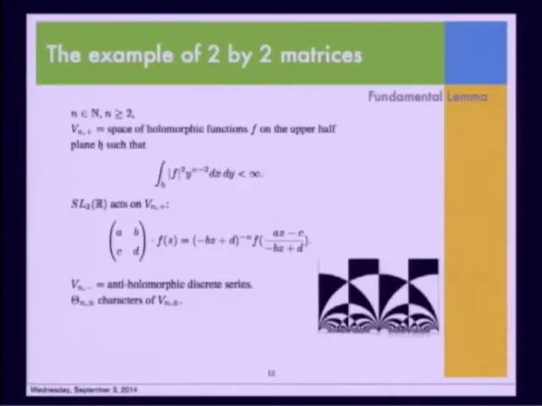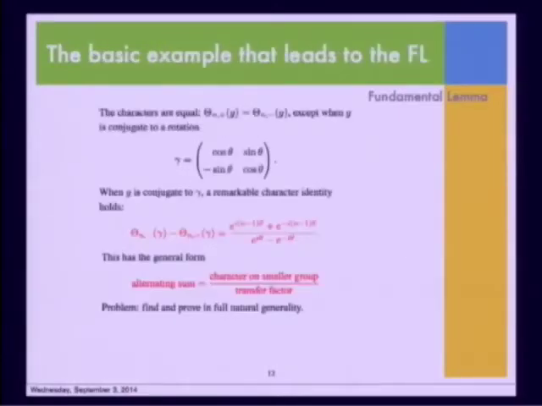Yesterday I was viewing characters mostly as distributions. For the moment, I want to think of this character as a function on the group. And you can calculate the character of these two representations. What you find is that these two characters are exactly the same, except when you look at a rotation matrix.